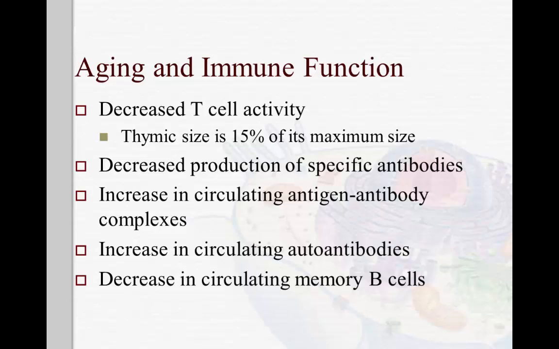So spleen, liver, and patches of intestine, they rely on those secondary lymphoid organs as well. They do have an increase in circulating antigen antibody complexes. They're more exposed to non-recognition of the self, so they have a higher increase of autoimmune disorders, and they do have decreased circulating memory B cells. So this is the end of this PowerPoint on adaptive immunity.